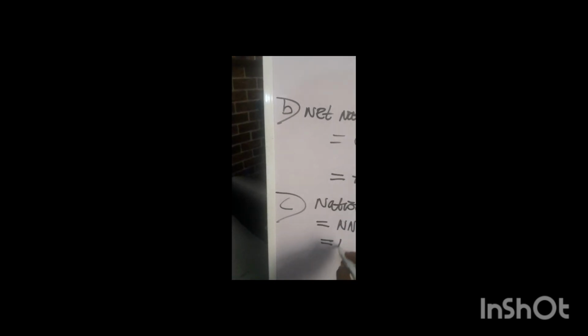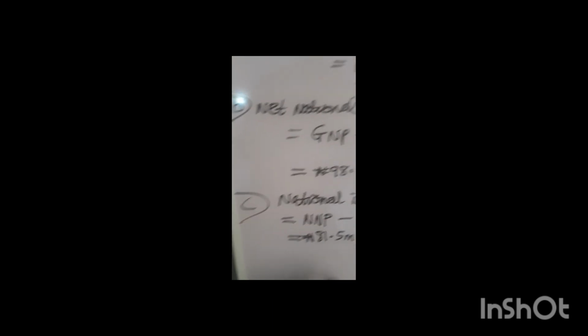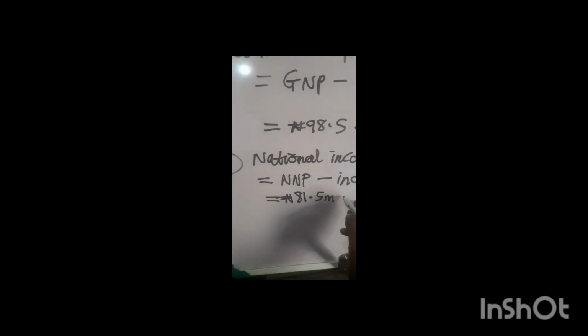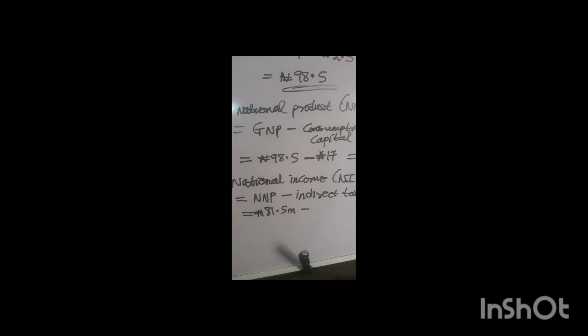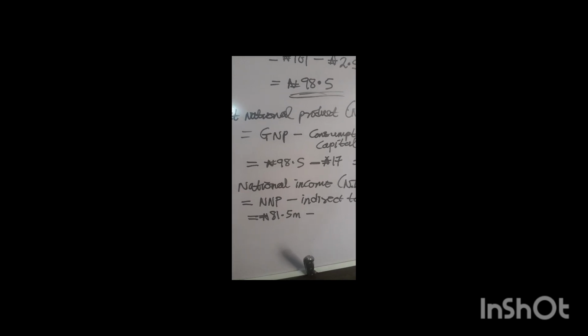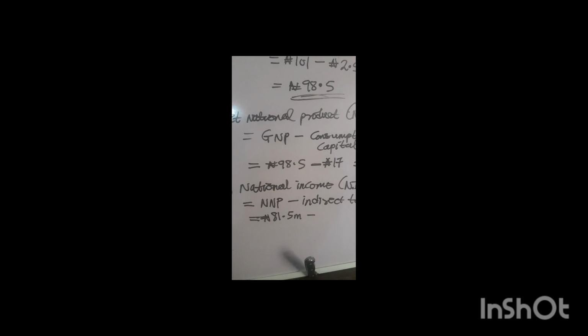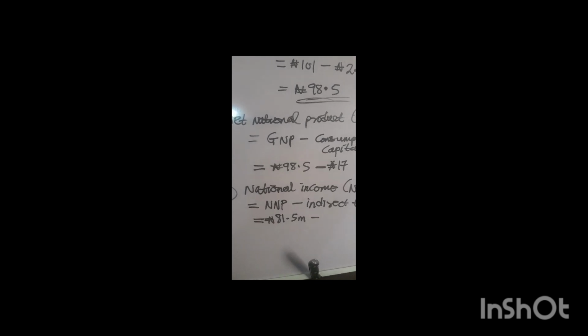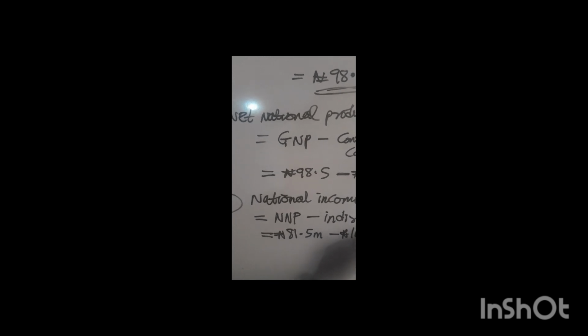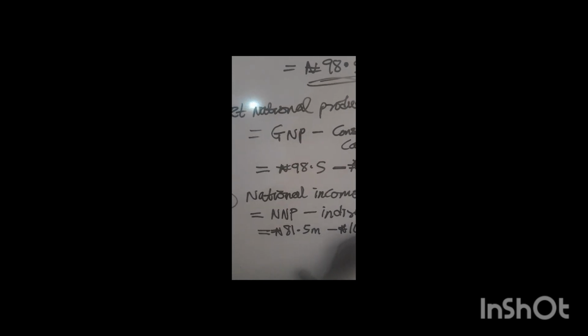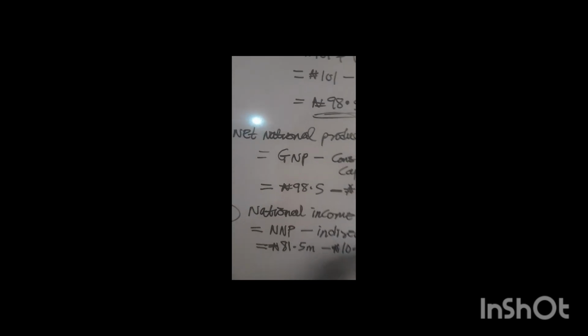So our NNP value as we have is 81.5 million. 81.5 million minus our indirect tax value according to our equation. Indirect business tax gave us 10.2 million, plus our subsidies, which is 2 million.